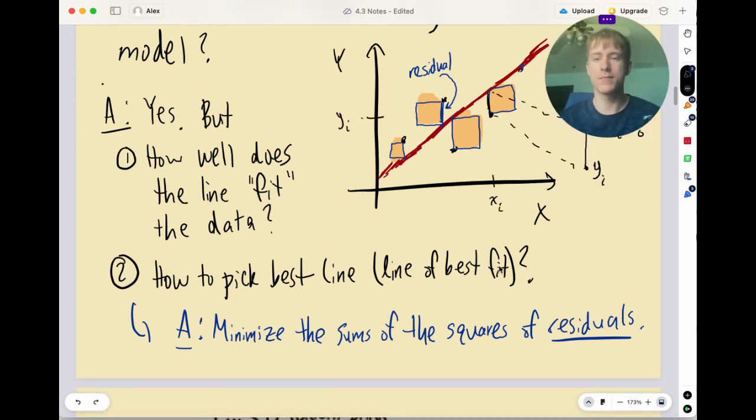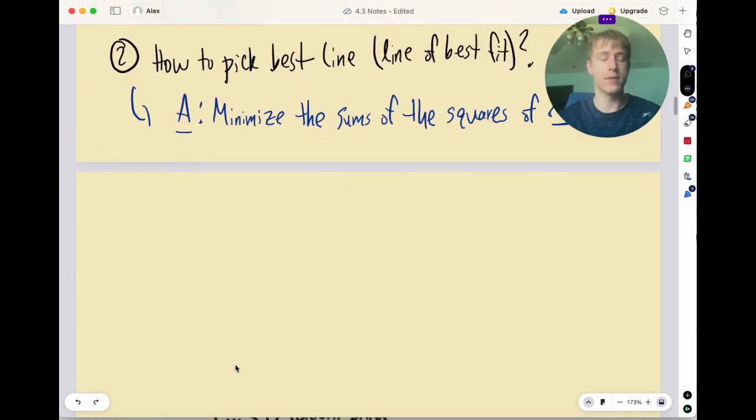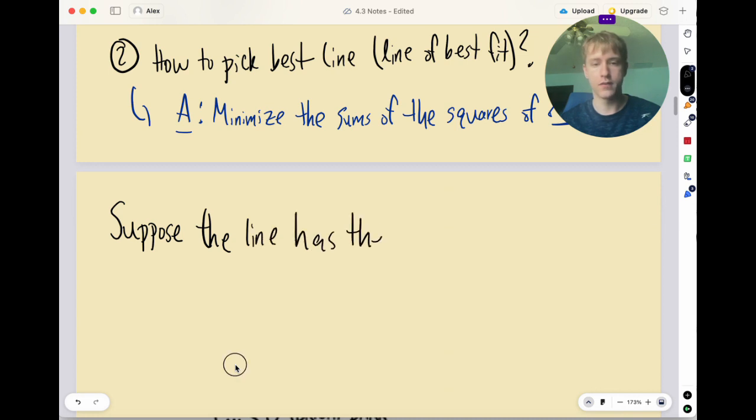All right, so let's see if we can mathematically figure out how to answer the question. How can we minimize the sums of the squares of the residuals to produce a line that fits the data the best? Well, the first thing that we should do is suppose the line has the form, what, y equals mx plus b? Kinda.